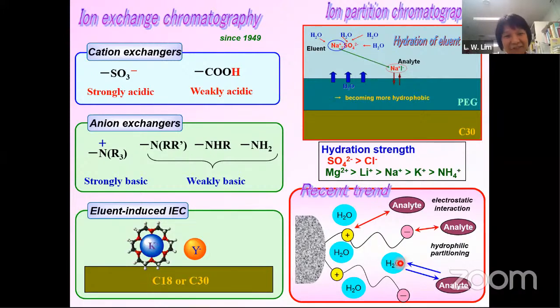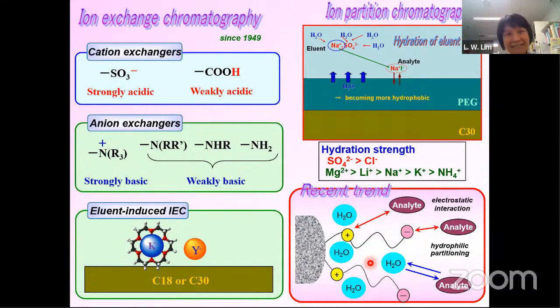Anyway, if you have time, you can Google hydrophilic interaction chromatography, HILIC. I think we discussed a bit last week. But if you want to know more details, recently people use zwitterions as the selector for the HILIC column, which is better than the usual polar phase.